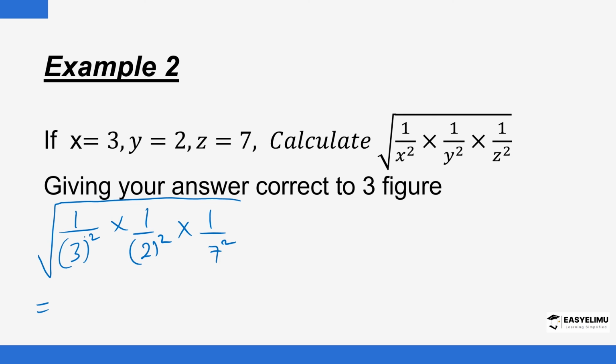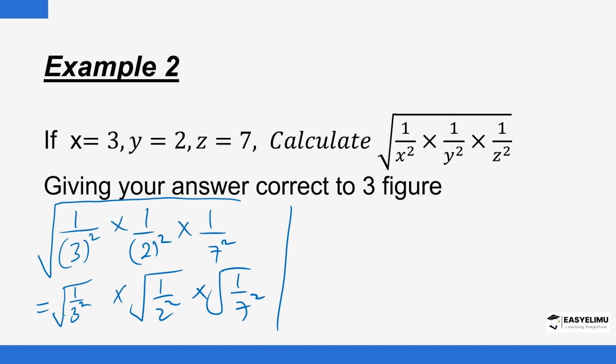What you'll do here is find the square root of each. So you can find the square root of 1 over 3 squared, multiplied by the square root of 1 over 2 squared, multiplied by the square root of 1 over 7 squared.